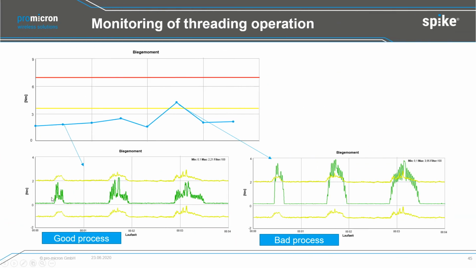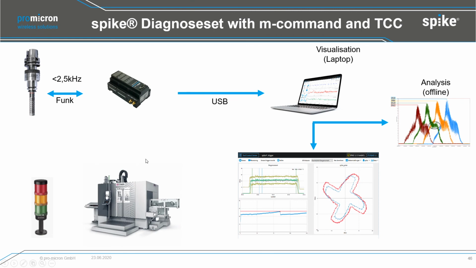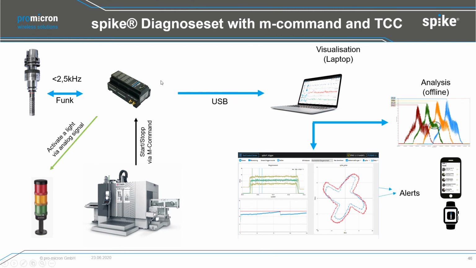In threading, it looks the same. These are still in tolerance, but if we get out of the static curves, we can identify bad processes. With the advanced set, you can have a very quick setup in your production.